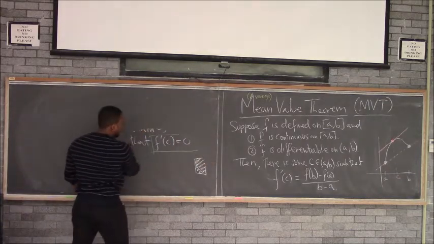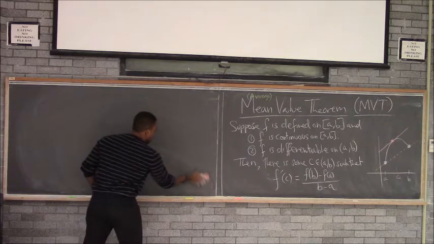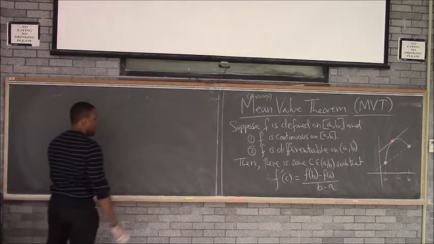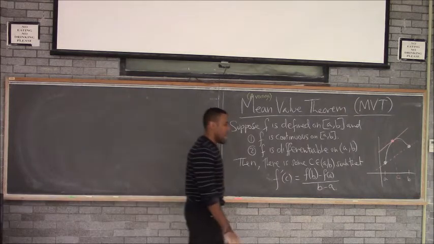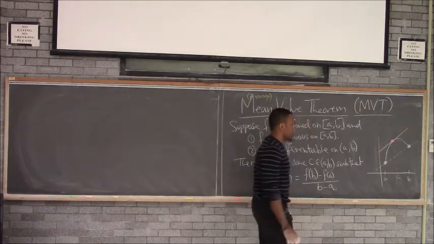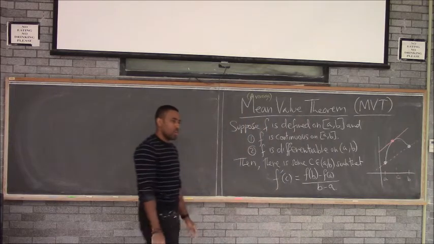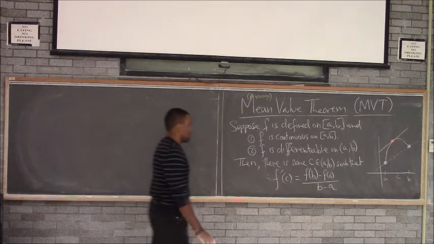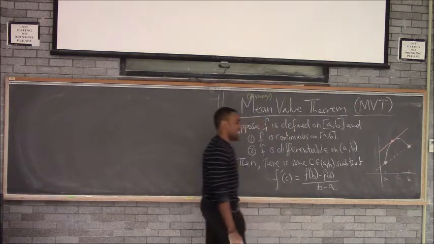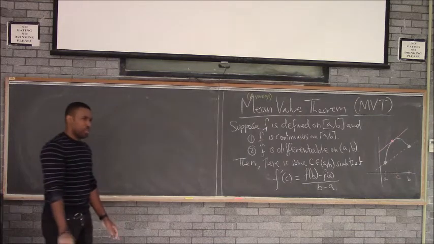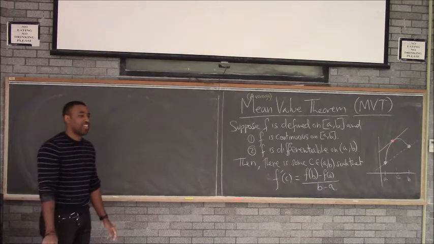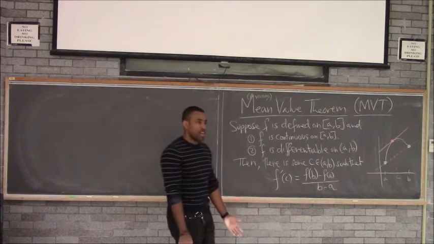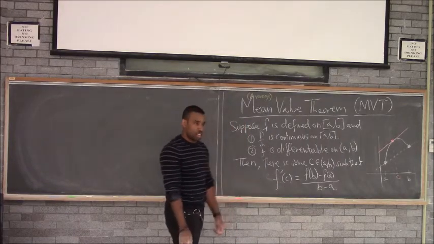There's another way to think of this theorem. Basically, it says that if you travel 80 miles in 1 hour, then at some point during your trip, you had to be traveling at 80 miles an hour. Right? So you drove somewhere, you got there in an hour, it's 80 miles away. Someone asks you, were you speeding? No, I wasn't speeding. They'll know you're lying, right? Because if you were always below 80 miles an hour, you would have taken longer than an hour to get there.